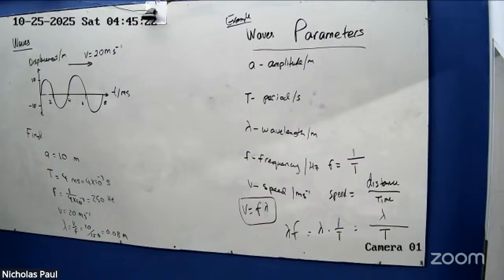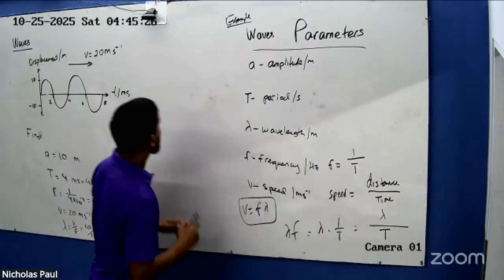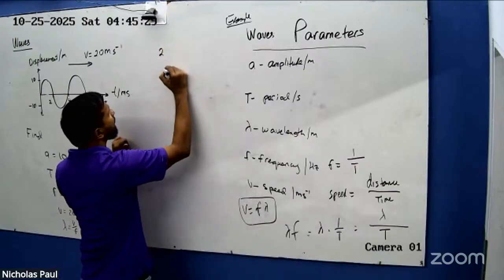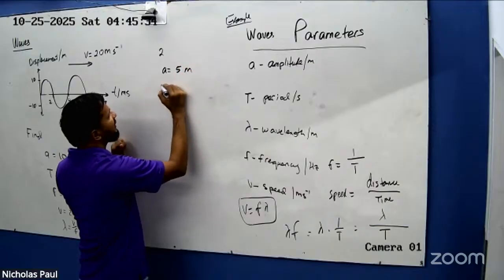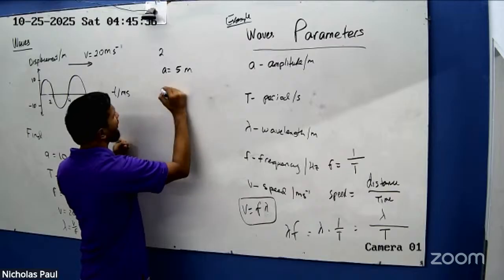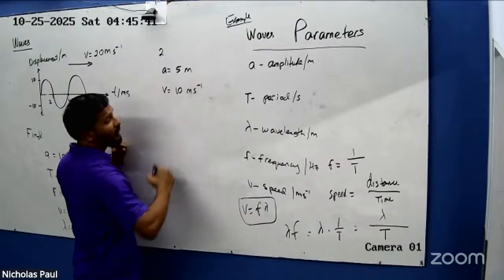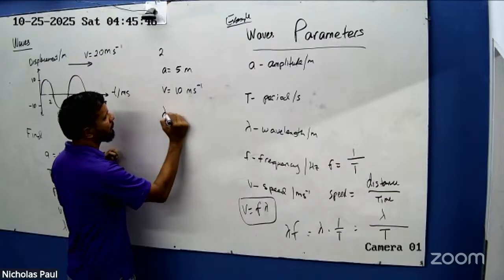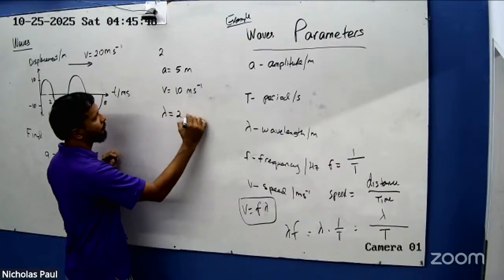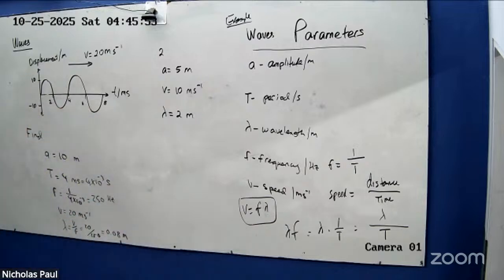Given the following information: amplitude 5 meters, speed 10 meters per second, and wavelength 2 meters.